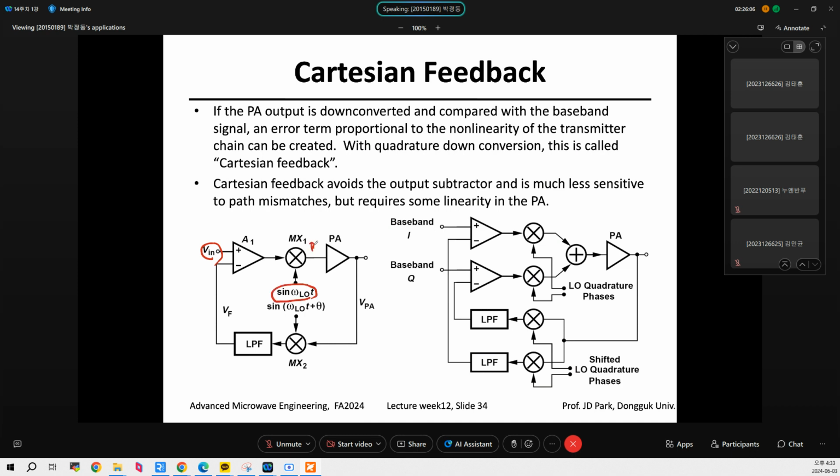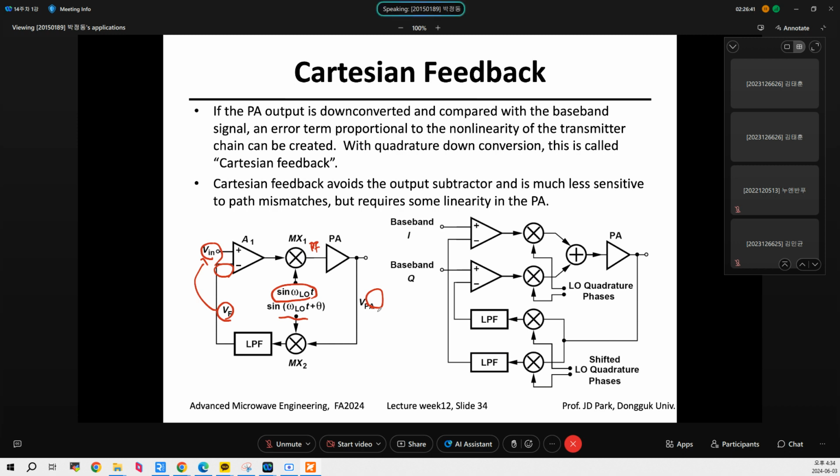So this is RF, okay, and amplified, and the output is down converted with this, and through the low pass filter and compared with this. So this VF should track V in, right? VF should track V in. So once this VF is the same as V in, that means there is no error at all. Okay.